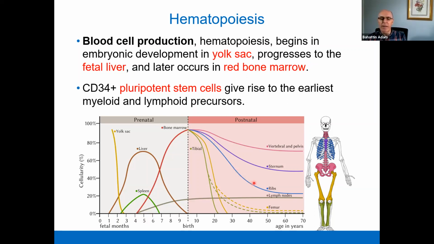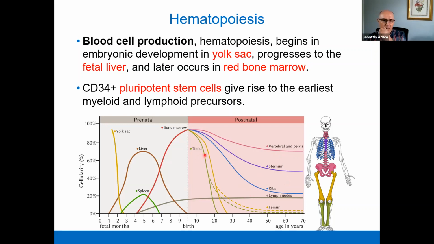Okay, a lifelong production of blood, hematopoiesis, occurring in the marrow. As you see, okay, the different portions of the bones here.